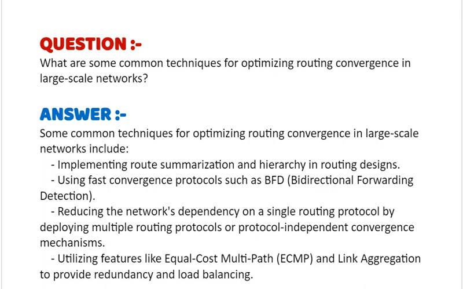Next point is using fast convergence protocols such as BFD, that is bidirectional forwarding detection. Next point is reducing the network's dependency on a single routing protocol by deploying multiple routing protocols or protocol independent convergence mechanisms. Next point is utilizing features like equal cost multipath, ECMP, and link aggregation to provide redundancy and load balancing.